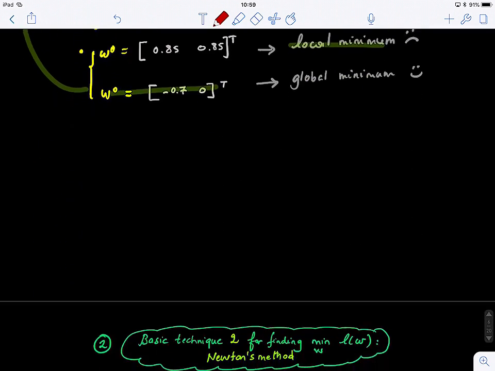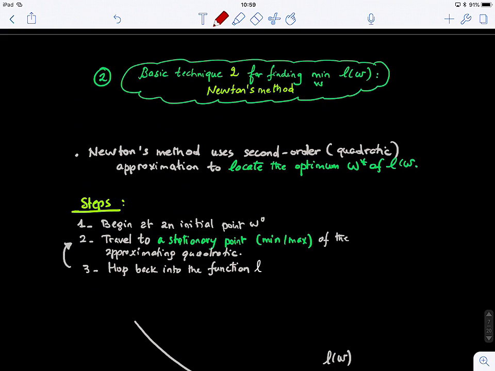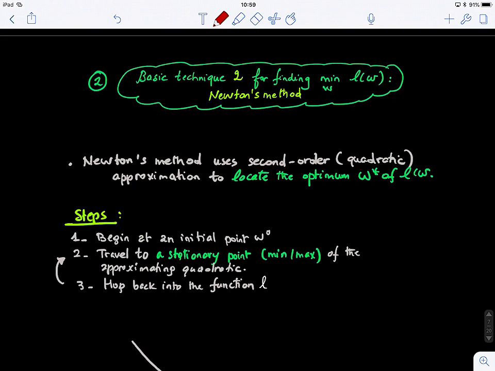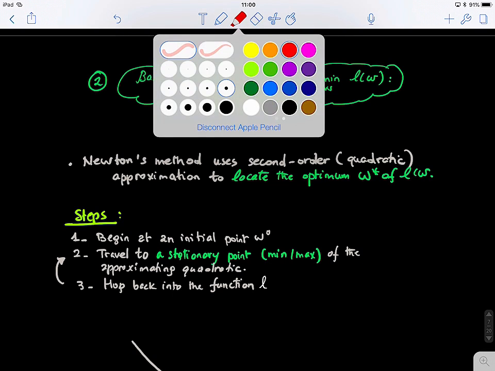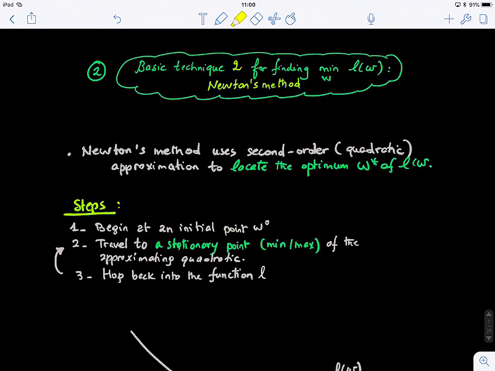Great. So now let's look at the second method, Newton's method for minimizing the loss function. This is also a very basic technique for finding the minimum of our optimization function. What do we use for this one? If you remember, for gradient descent we used the first order Taylor approximation of our function.